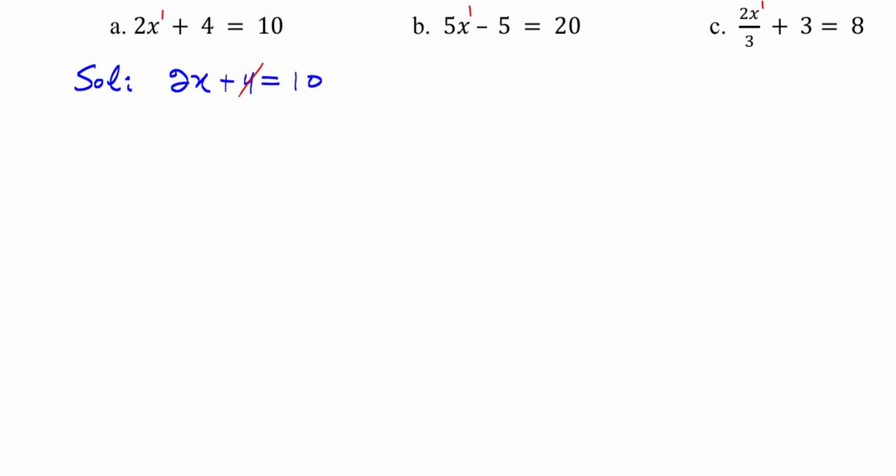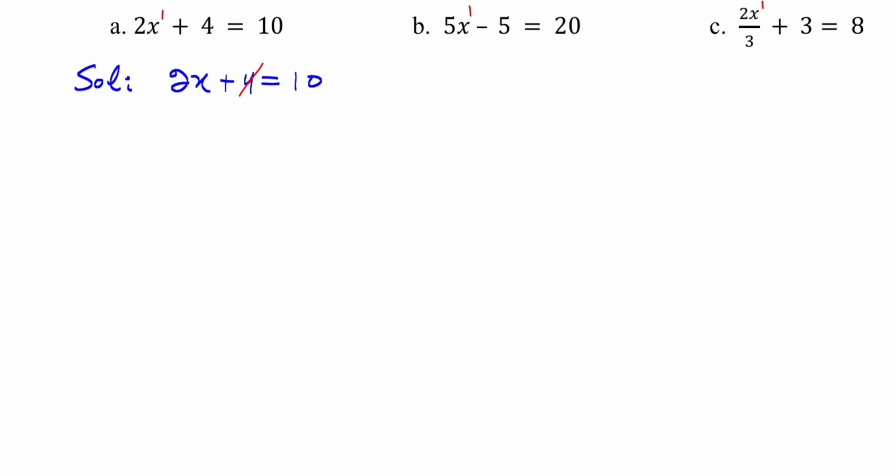Remember, you will first remove the number which is added or subtracted, before the number which is in multiplication or division. Why? Because that is easy and you can solve the question easily.